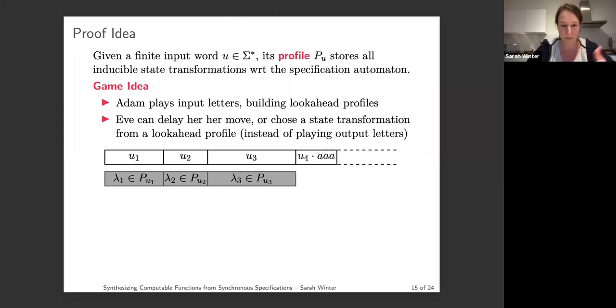She picks some kind of state transformation that gives us the information about the output. And then we start building the next lookahead factor and so on until we have enough output to make the next choice. And this kind of strategy, we can translate it into deterministic two-way transducers that basically work in the same way. The strategy uniquely determines how the factors have to be chosen.